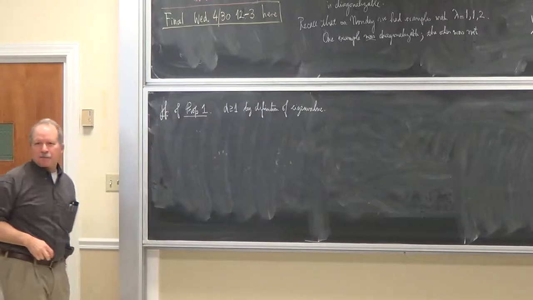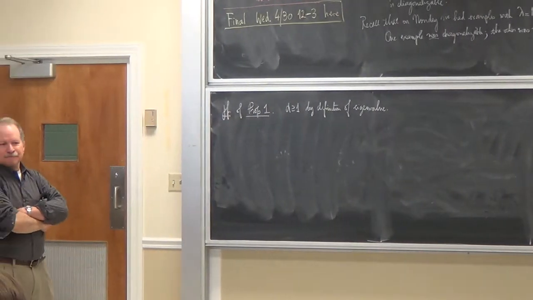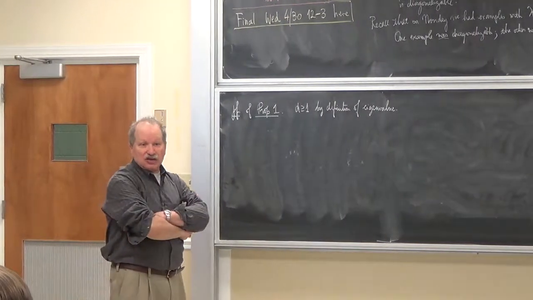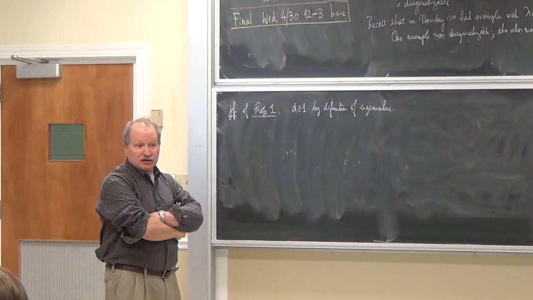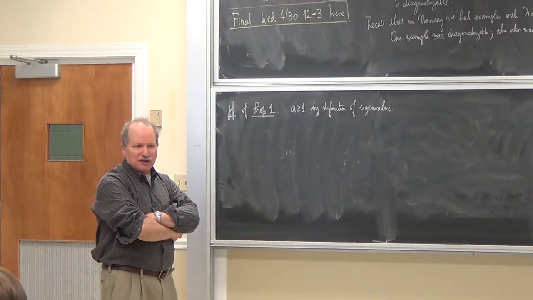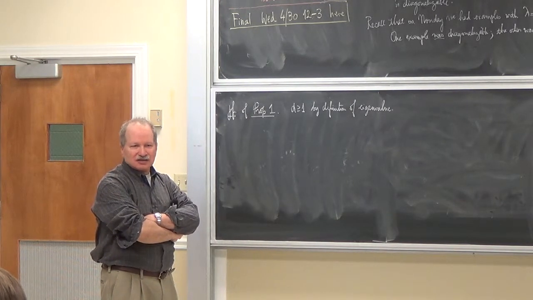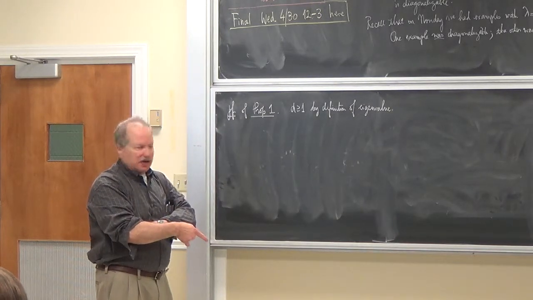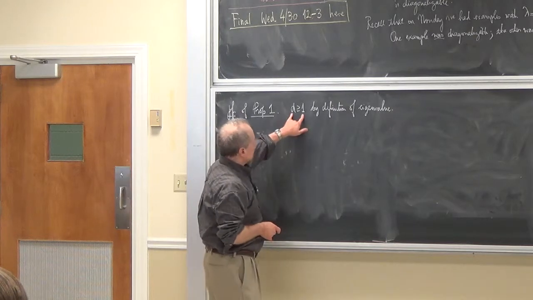If lambda is an eigenvalue, there is a non-zero vector that is an eigenvector. Therefore, you have at least a one-dimensional space of eigenvectors, because that non-zero vector spans a line. So the dimension of the eigenspace has to be at least 1.